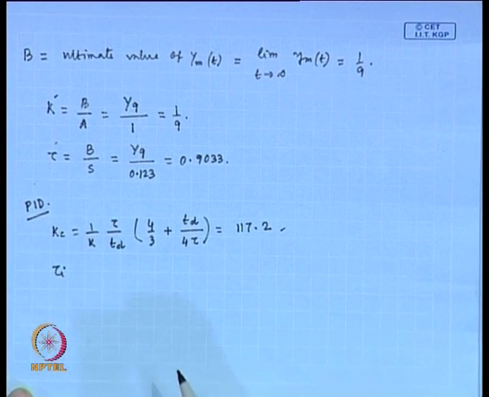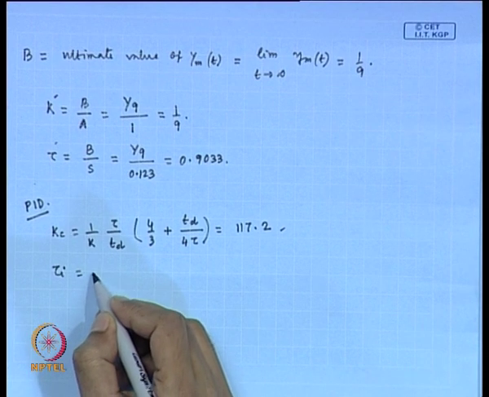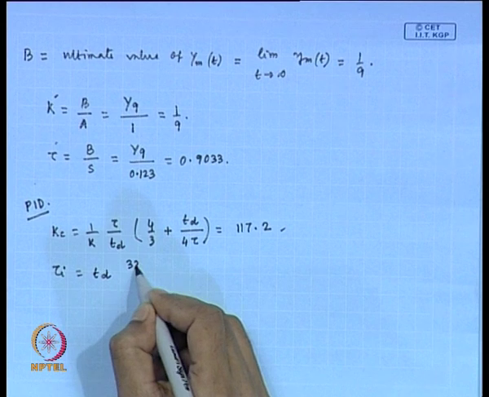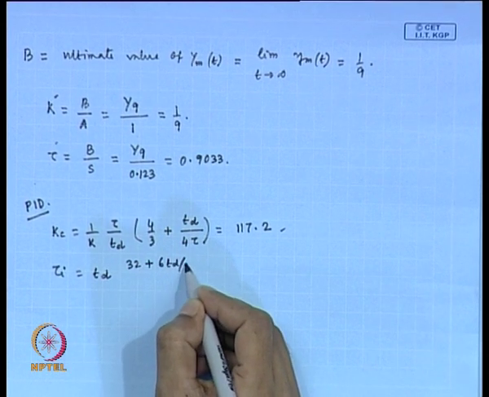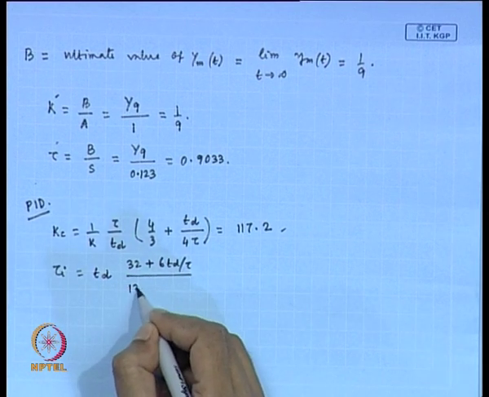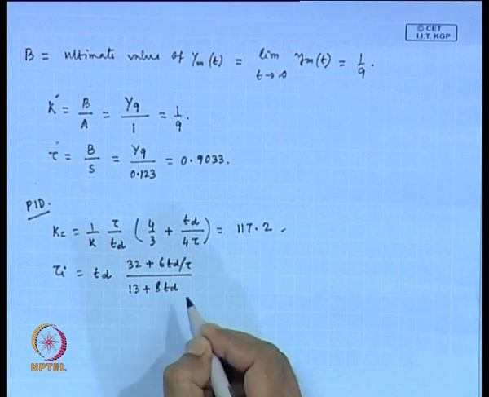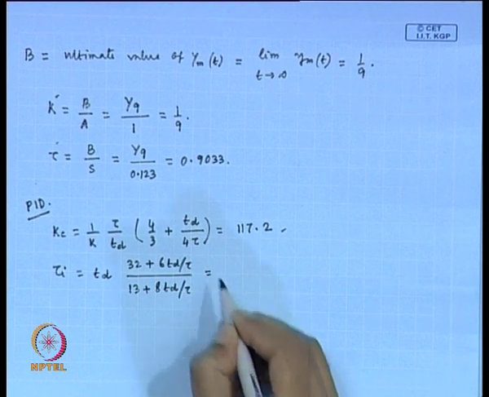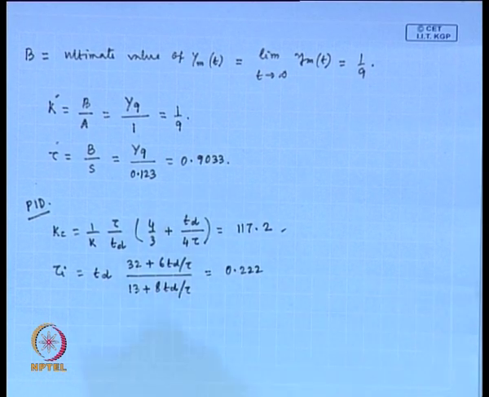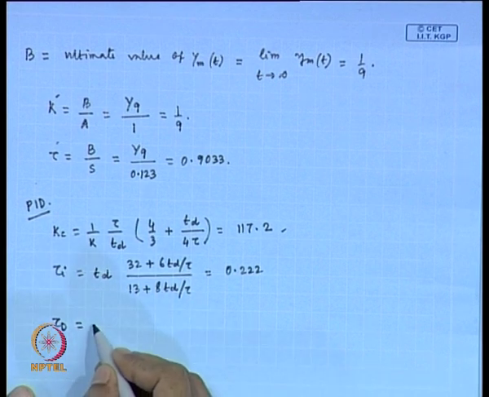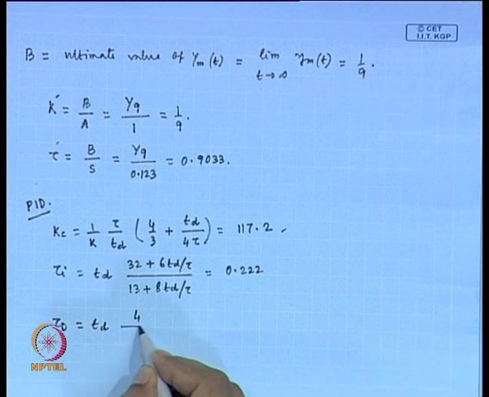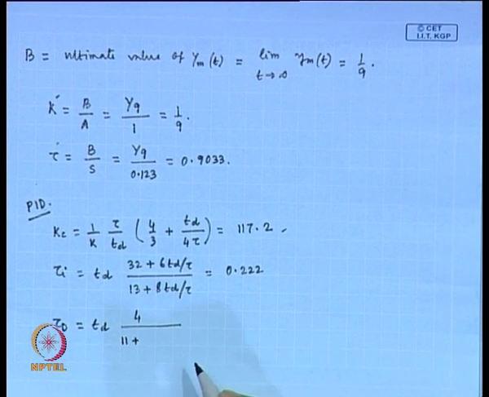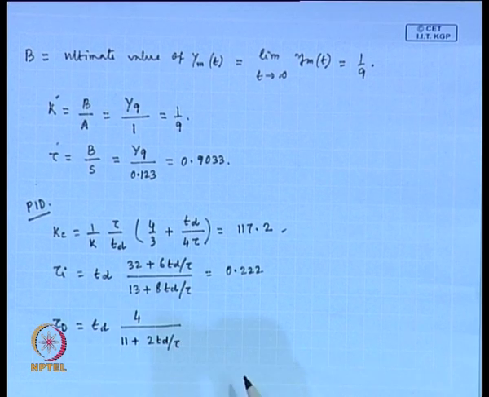Similarly, the expression for tau I has the form tau I equals Td times 32 plus 6 Td by tau divided by 13 plus 8 Td by tau, which is equal to 0.222, and the derivative time, which is equal to Td times 4 divided by 11 plus 2 Td by tau.